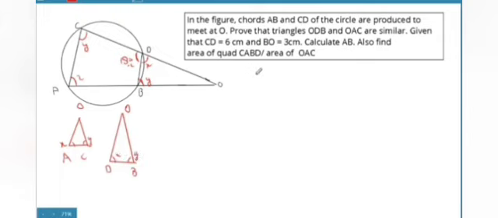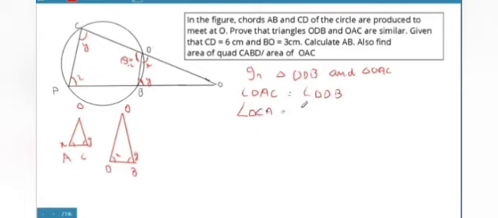So I can take two triangles, triangle ODB and triangle OAC. Your angle OAC is equal to angle ODB. Angle OCA is equal to angle OBD.